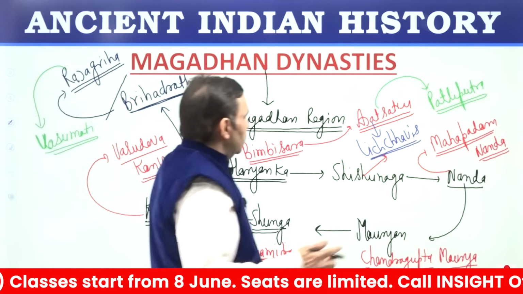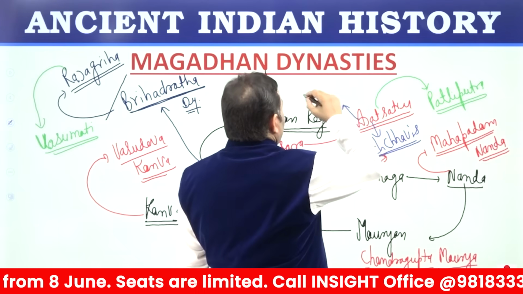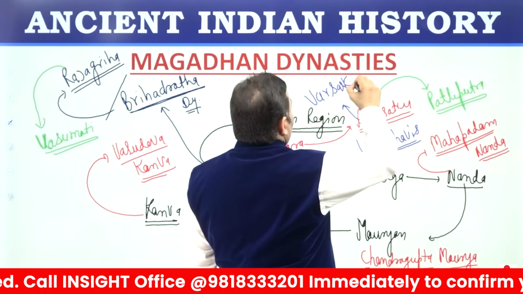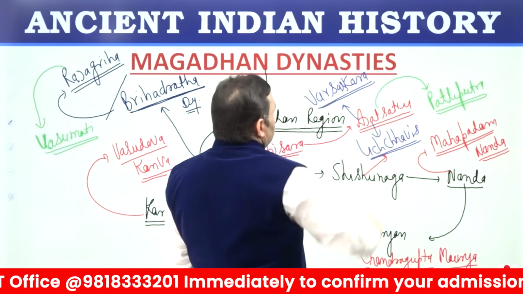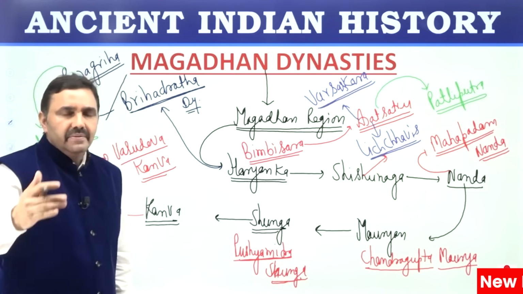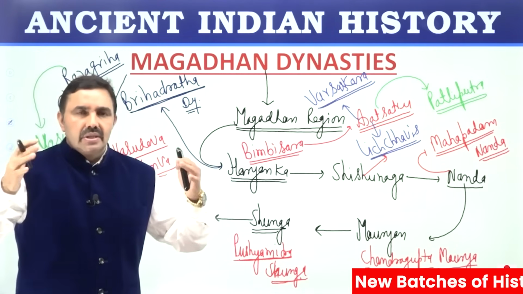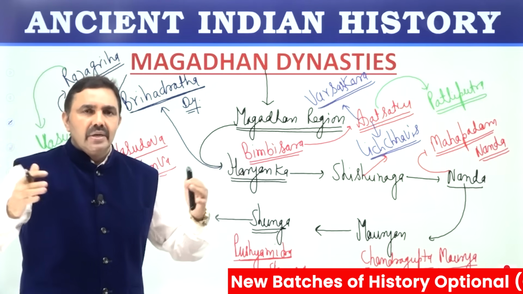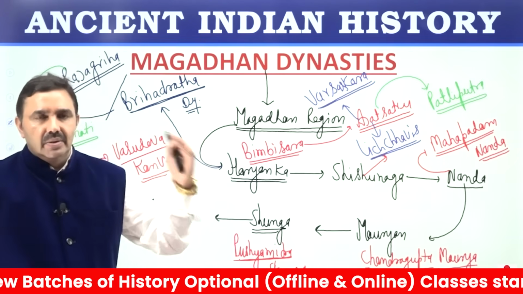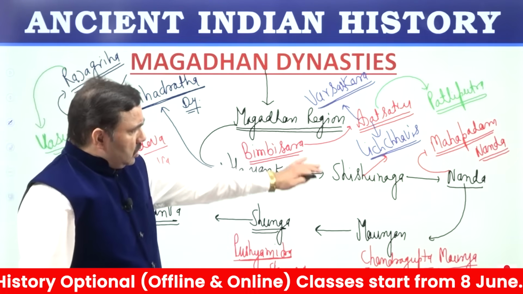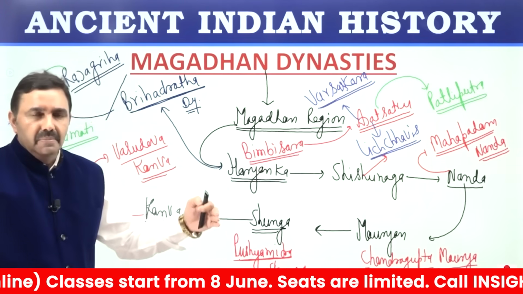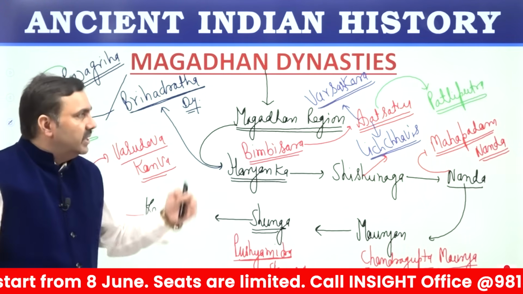Ajatashatru sent his minister Varsakara, and this minister Varsakara lived with Lichavis secretly, deceptively, and he sowed the seeds of dissension among Lichavis, or he divided Lichavis. When Lichavis started fighting with each other, Ajatashatru attacked and conquered that. So Ajatashatru could conquer Lichavis through deception, and advice of Buddha played an important role in his success, though indirectly.